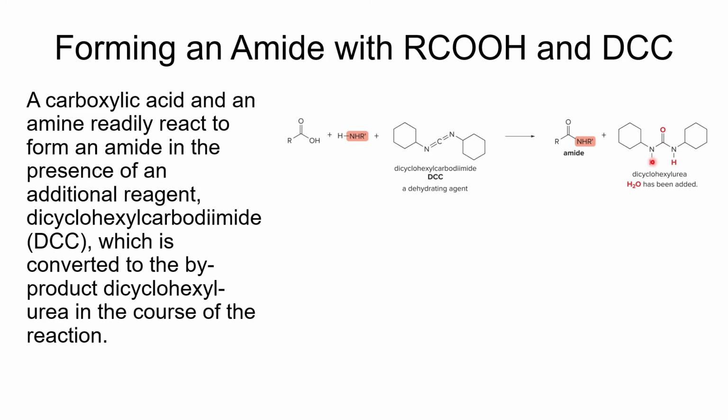Once you're done with the reaction, you can filter it, and you'll have mostly your amide and your dichloromethane solvent left over. So you won't have any of this, and this can be filtered out mostly. There usually is a little bit of that dicyclohexylurea left over, so sometimes you'll have to do some chromatography or something else to isolate your amide. But it is an effective method for making these amides.